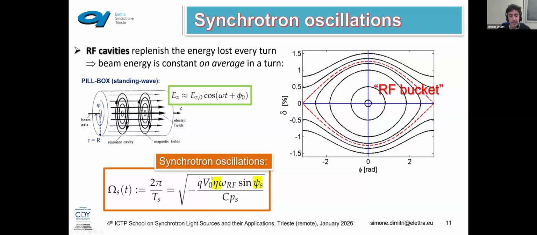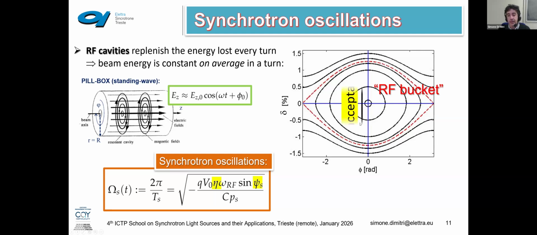And the second is the slip factor. Depending on the sign of the slip factor and the synchronous phase, you have to make the argument of the square root positive. So it's important to choose these two parameters in order to get stability in the longitudinal dynamics.